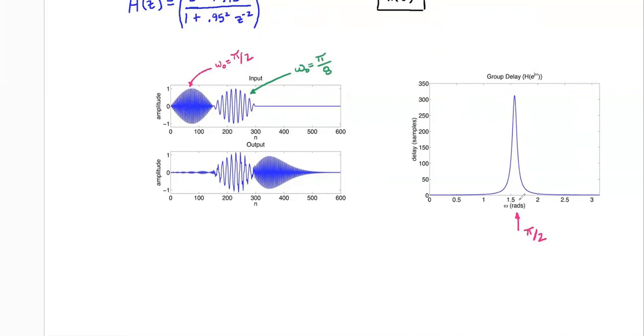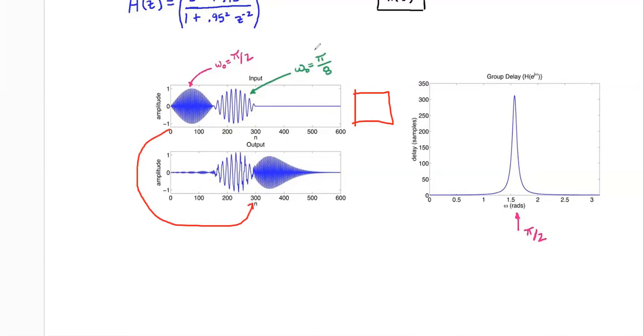What is the delay of the pi by 2 signal? 300. So if I give it to this system, then this frequency will experience 300 delay. It starts at 0, but at the output it actually starts at 300. So it is shifted from 0 to 300.